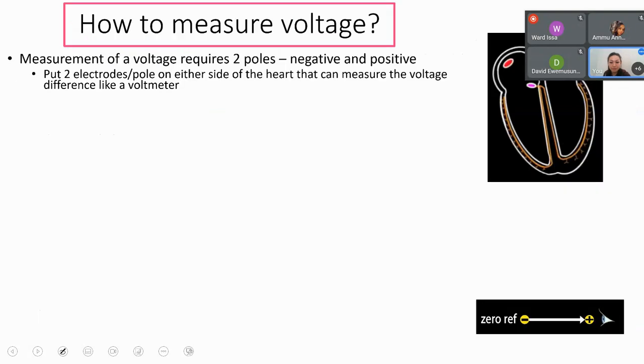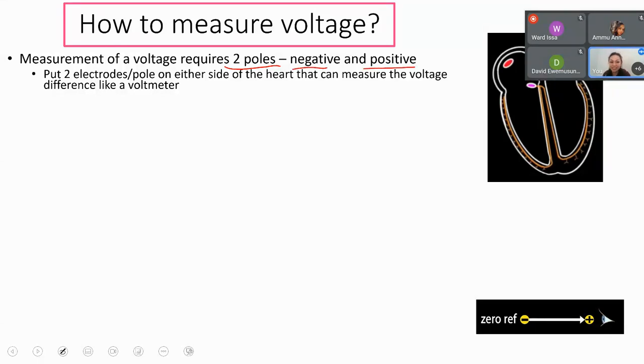Okay? So how do we measure voltage? This is basically how we generate the ECG trace. I don't know if you did a physics lesson, but when I did physics, we used a voltmeter to measure voltage. With the voltmeter, we have to place two different poles. So the measurement of voltage requires two poles, a negative and a positive pole.